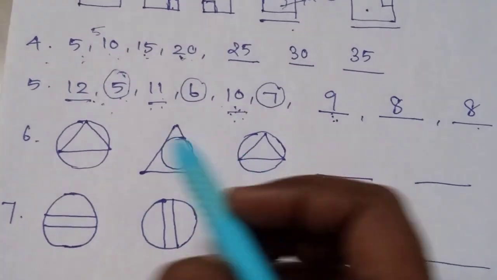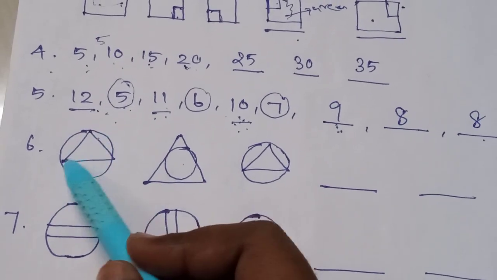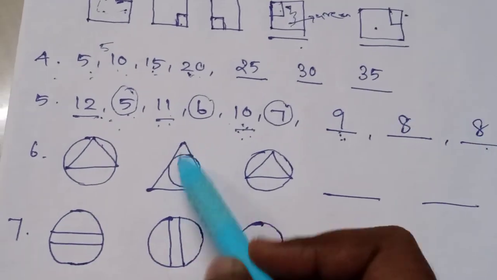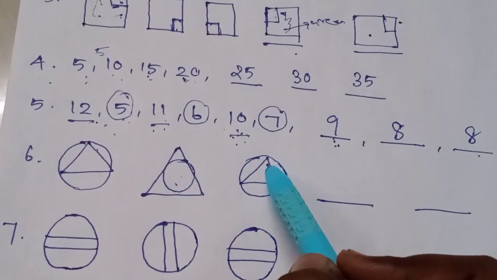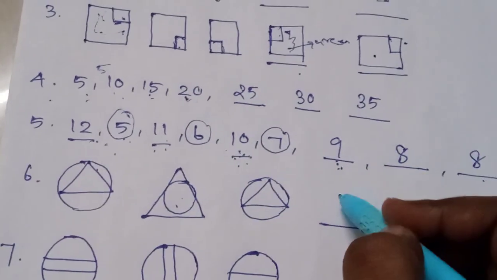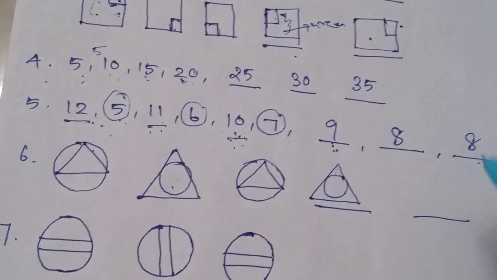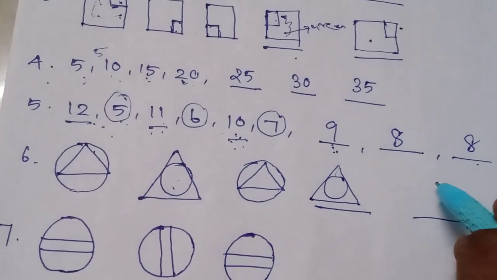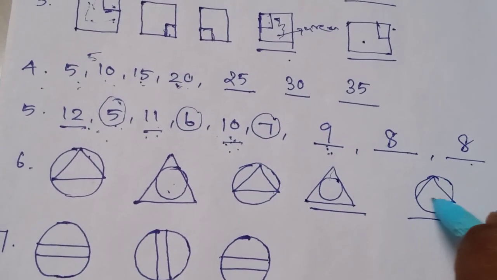Then sixth sum, they have given a circle and a triangle inside. Next they have given triangle, circle inside, then circle, triangle. Now we have to draw a triangle, then a circle inside, then circle, draw the triangle inside.